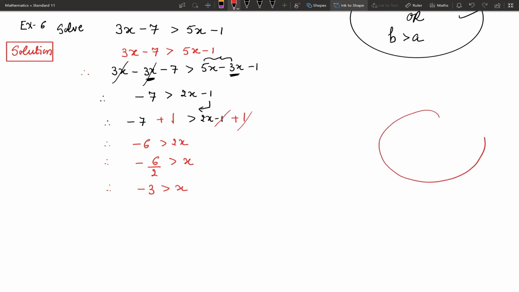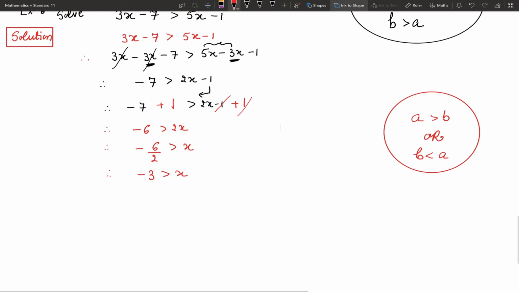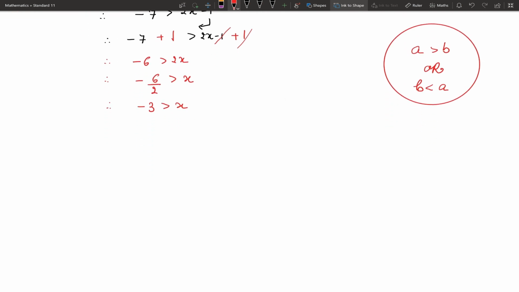Again we use this basic principle, either we write a greater than b, or at the same time we can write b less than a, because here x is the variable and we are going to find the solution for x. So this can be written as x less than minus 3.